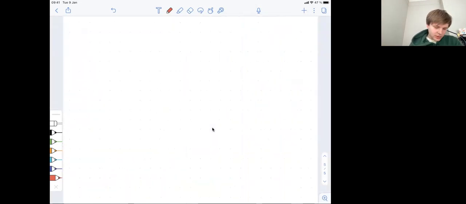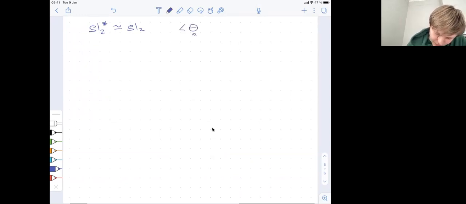So let me just give the most simple example. Let me consider the algebra SL2, and we know that the dual to SL2 is isomorphic to SL2 because of the existence of the Killing form on SL2 and the pairing between the algebra and coalgebra given by the trace function. So if I take theta from SL2 star and x from SL2, the pairing is given by the trace of theta multiplied by x.